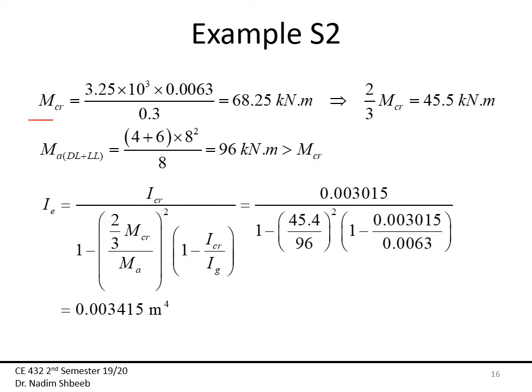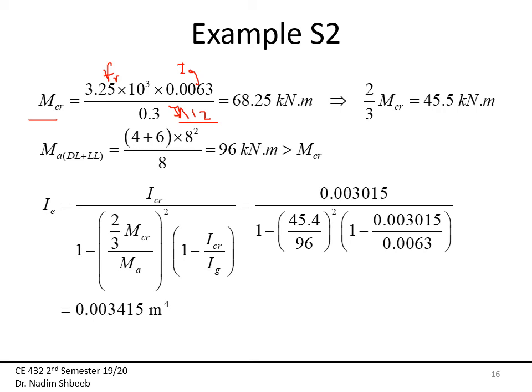Now I need to calculate the cracking moment. Cracking moment again is F rupture times I gross divided by Y, or H over 2, and that's equal to 68.25 kilonewton meters.